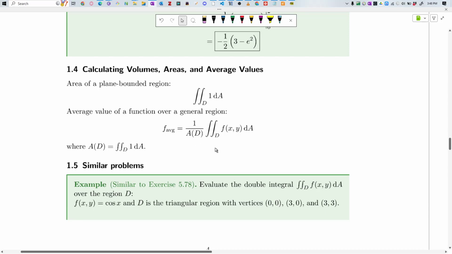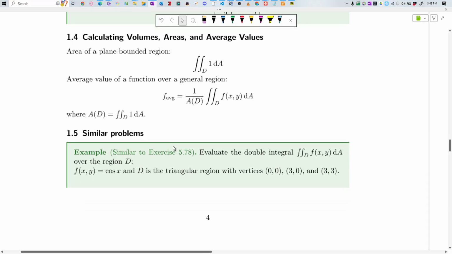So the only difference between these formulas and the formulas in the previous section is that in the previous section we assumed the regions were rectangular. Here we just take them to be arbitrary regions in two-dimensional space. But you notice that there's actually no change to the formulas themselves, right? 1 over the area multiplied by the double integral of the function, which is just like the weighted sum of the function, effectively.